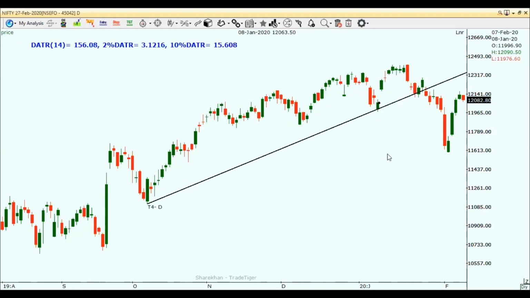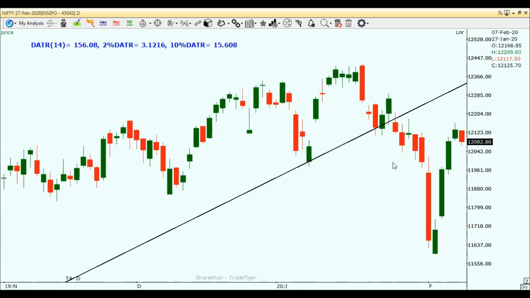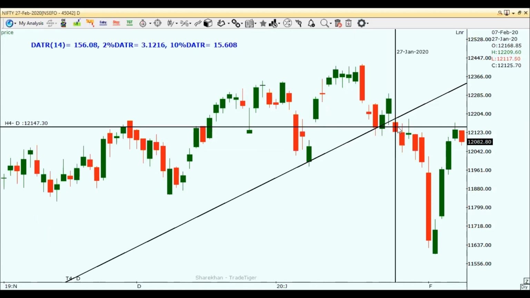The uptrend that we were looking at was violated or broken on this day, that is 27th January. The market broke the uptrend line and started falling, and it is giving an indication there is a weakness.